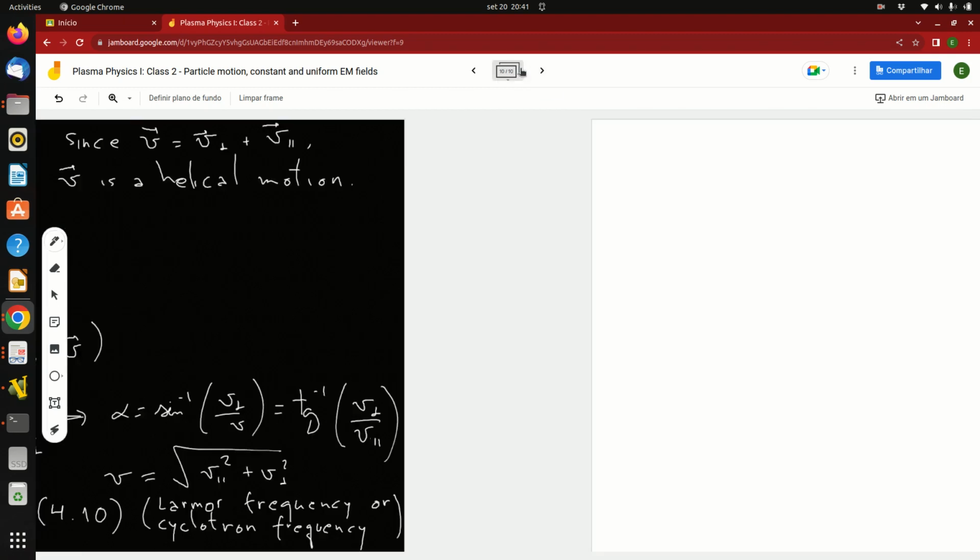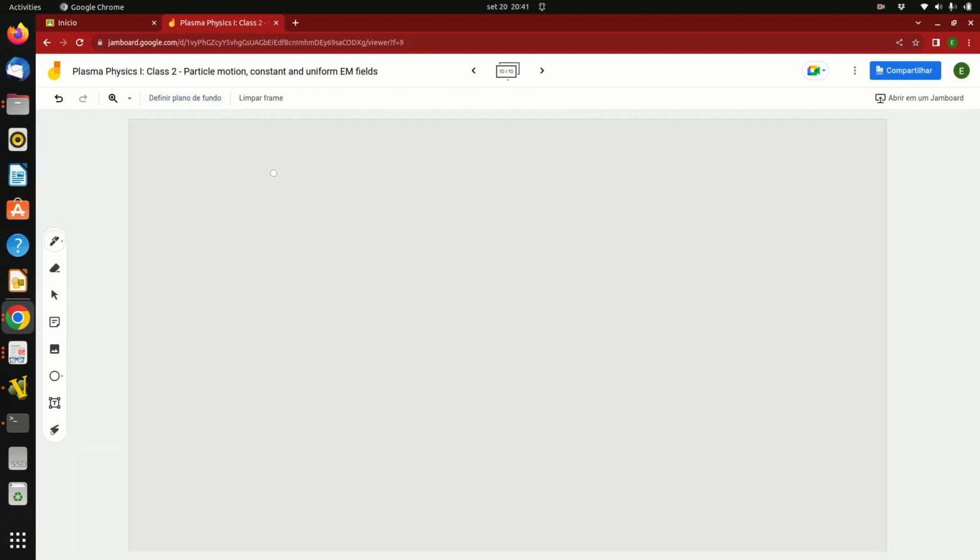And the radius r_c, equal to v_perp over omega_c, is our Larmor radius, or cyclotron radius.